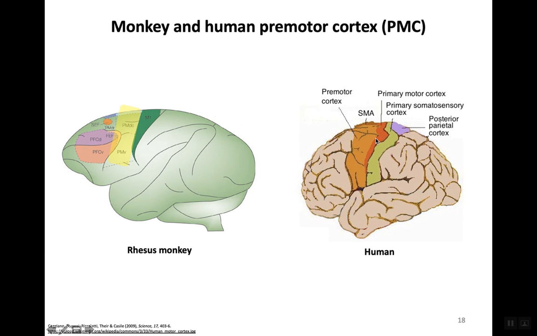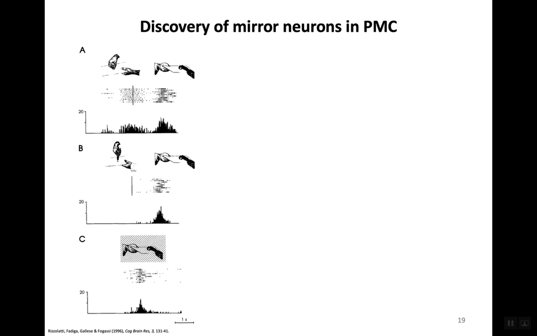And researchers, and neurophysiologists in particular, have struggled for a while to understand exactly what the function of the neurons in the PMC is. A number of Italian researchers, led by Giacomo Rizzolatti at the end of the 80s and in the 90s in particular, provided some interesting observations that shaped our understanding of what PMC neurons do.